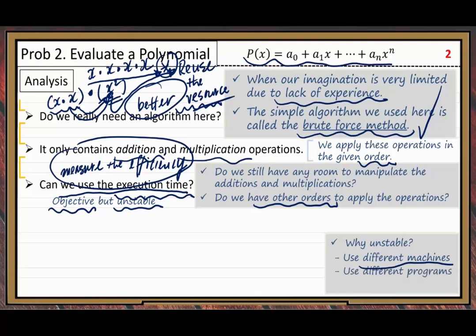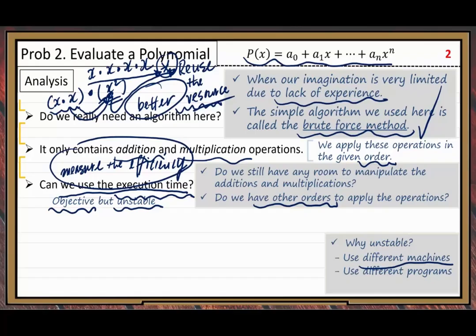Another case, unstable, because different programmers can implement the same algorithm differently, right? Some experienced programmers know how to write code in an efficient way. But if the programmers do not have a lot of experience, then the implementation could be relatively slower, right?